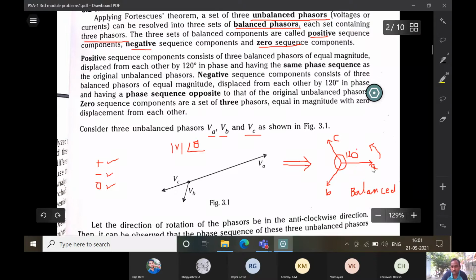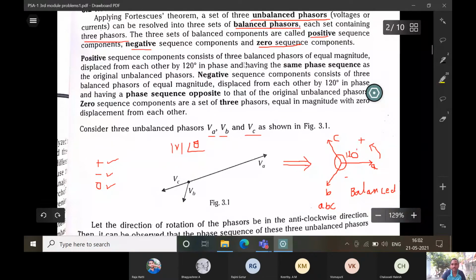The phase sequence here is A, B, C. This is A, this is B and C. The phase sequence is A, B, C, so it is called the positive sequence. So what is the negative sequence?